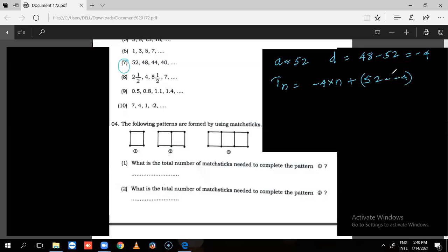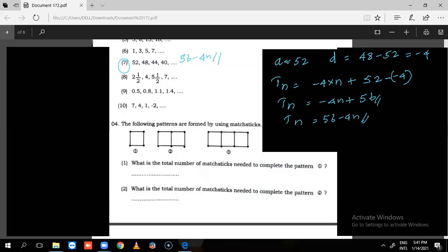Right, then we can write here minus 4n. Then you can write Tn equals minus 4n plus 52 minus into minus plus, then 56. So this is the general term. Even you can adjust like this, Tn equals 56 minus 4n. Even if you write like this, it is also correct. So this is the answer for this, right? You can write the general term for this, 56 minus 4n.